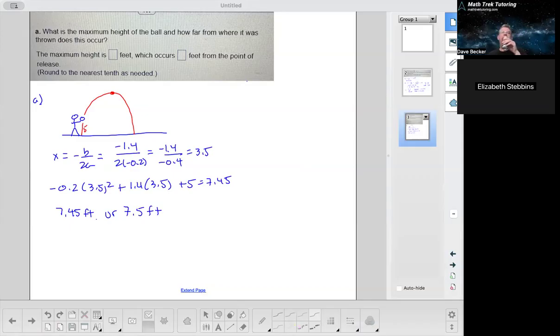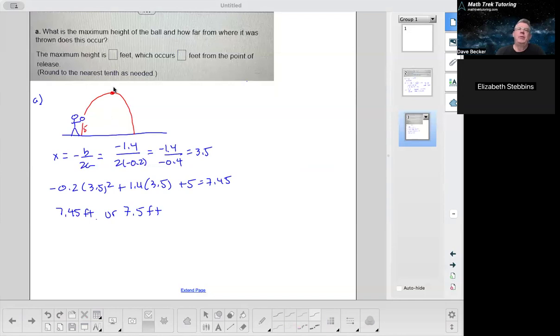Okay, how did you find out how far it is from the release? Well, I plugged it back in like this. I think the maximum height was possibly the 7.5. Yeah, the maximum height is 7.5.